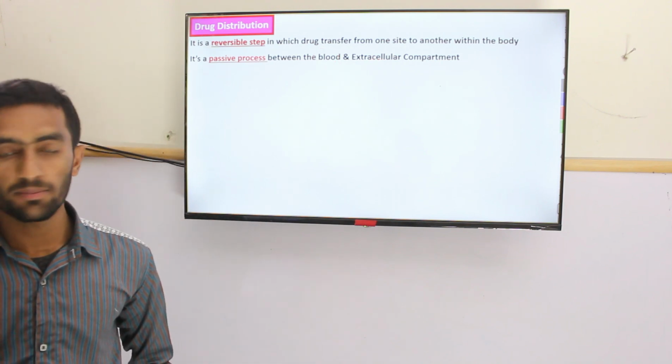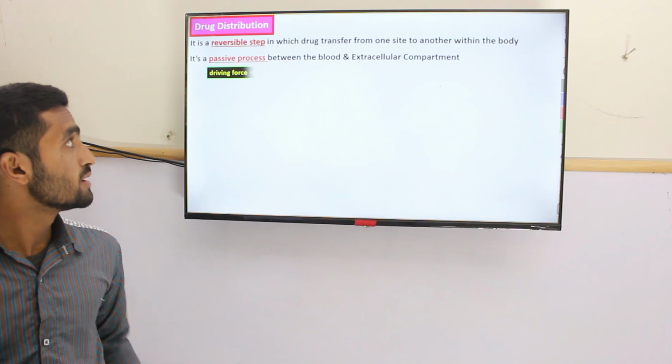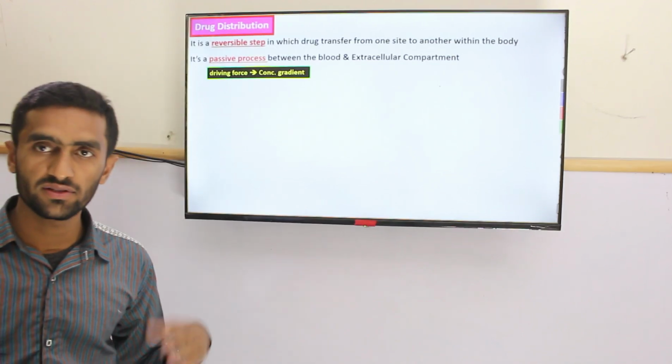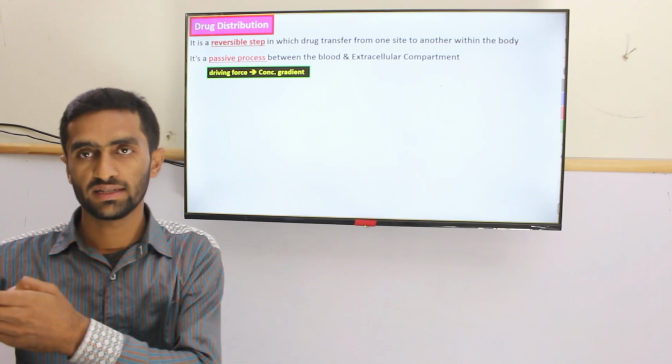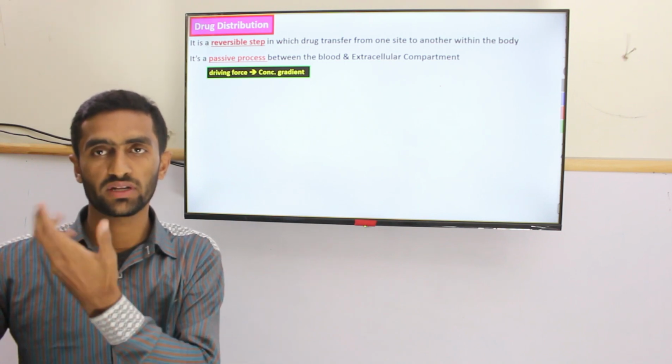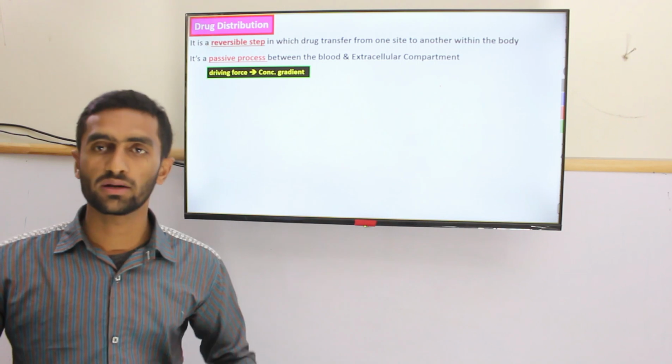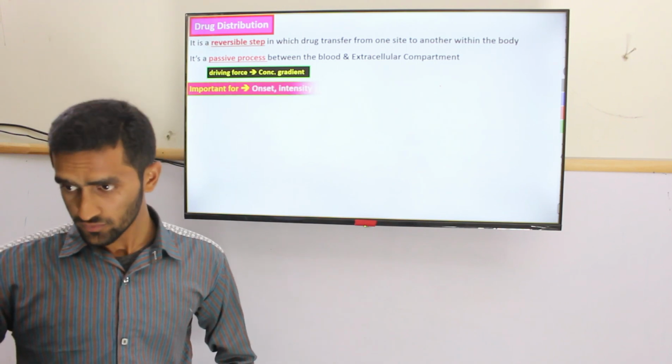This is a totally passive process, dependent upon the concentration gradient. If the concentration is higher in the blood, it can go to the tissue. If it's higher in the tissue, it can go back to the blood.